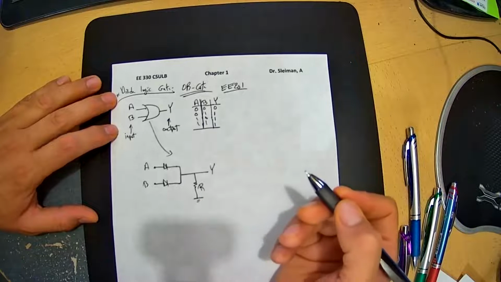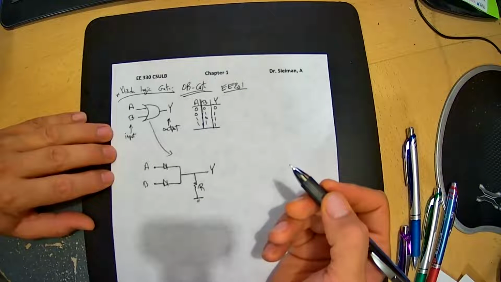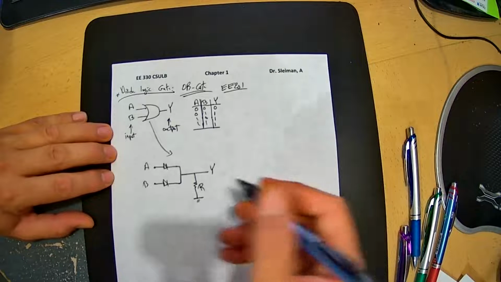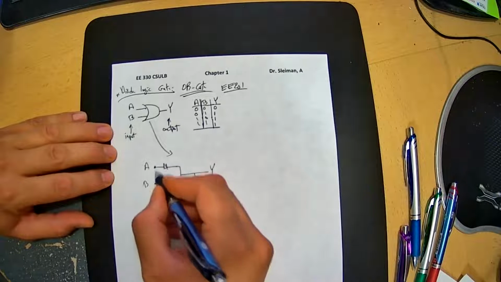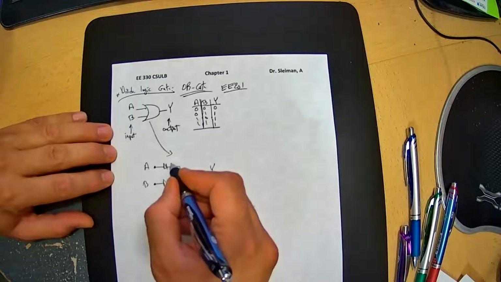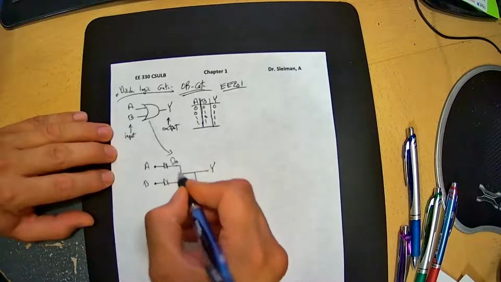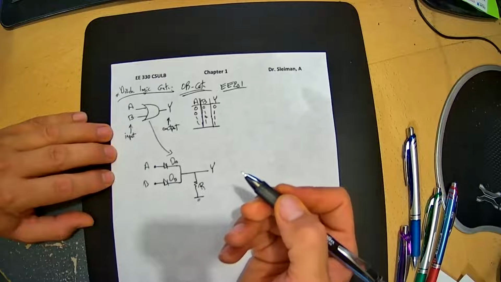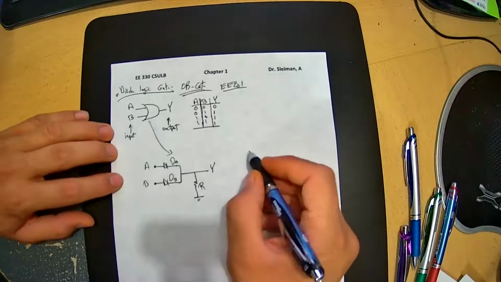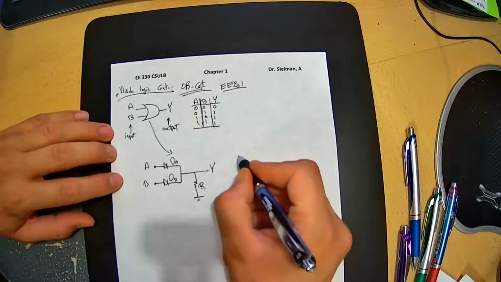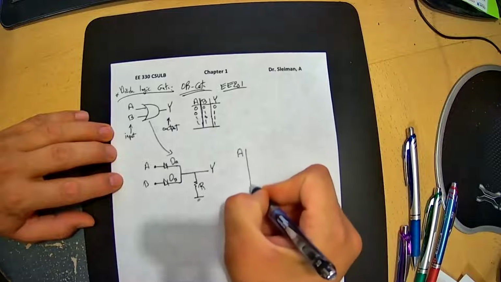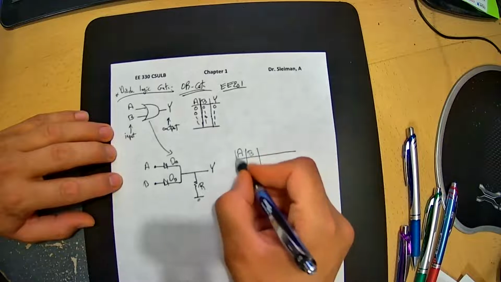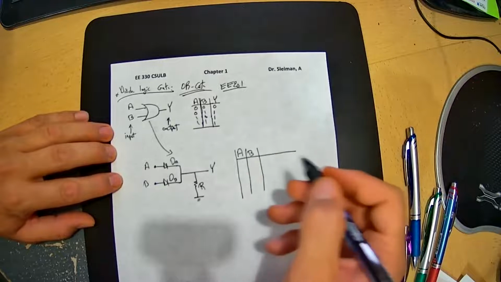This is the output signal. Whatever input here, after the diode, we're going to call it diode A output, diode B output. So I'm going to put this one into A, B. This is in terms of the gate.